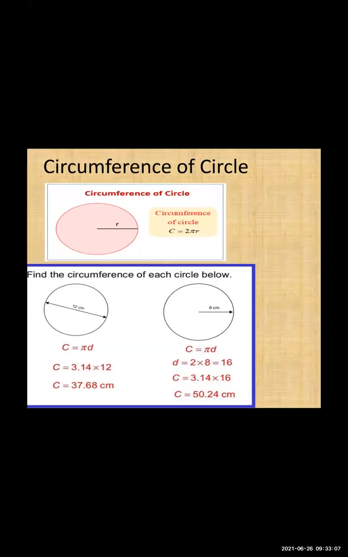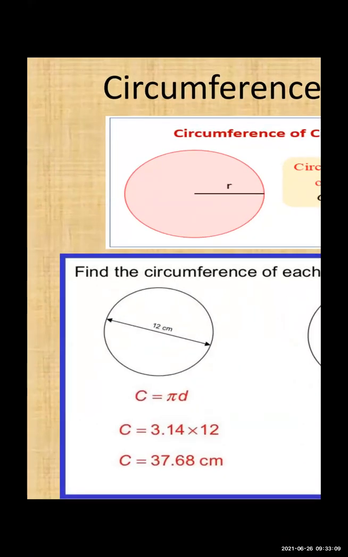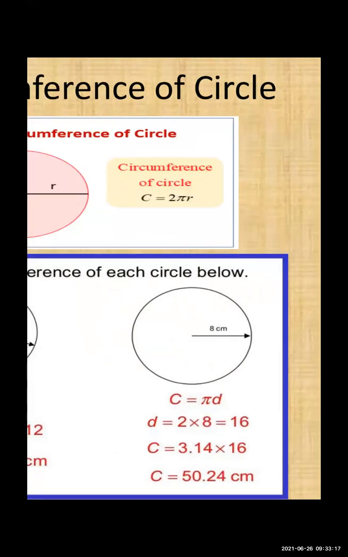In the first example, pi into d, 3.14 into 12, after doing the multiplication we get 37.68 centimeter. In the second example, C is equal to pi d. Here the d value they have found, or you can write 2 pi r also, that is the same thing. So it becomes 2 into 3.14 into 8.